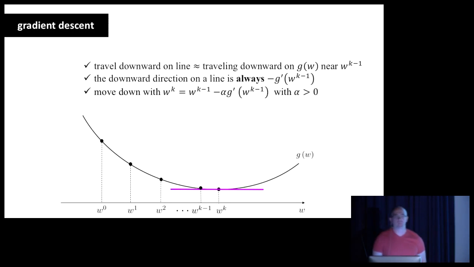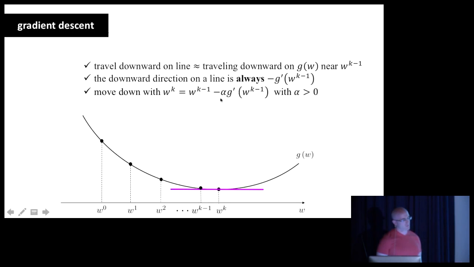Now, notice what's going to happen when you get to that point. If we use this form of an algorithm, this form of taking steps downhill, and I took a step and finally got to this Wk where the slope was exactly 0, and I tried to take another step using this framework, I would plug in Wk right here.